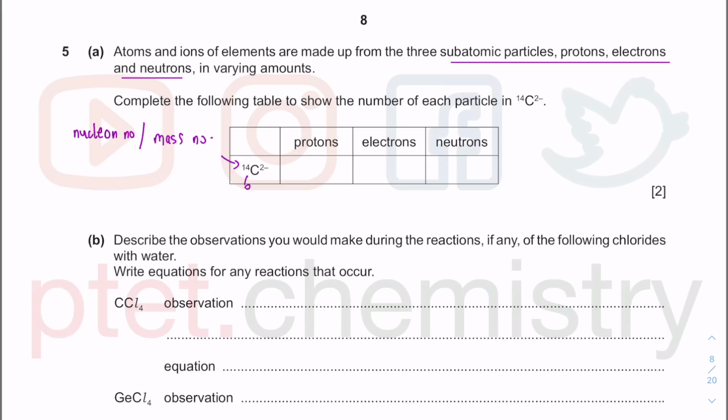Carbon has 6 protons, that is the proton or atomic number. We have a 2 minus charge there, because we have gained 2 electrons, so there are 8 electrons. We have 14 minus 6, which is 8 neutrons for this isotope of carbon-14.